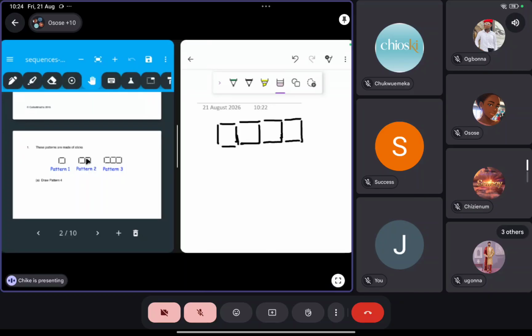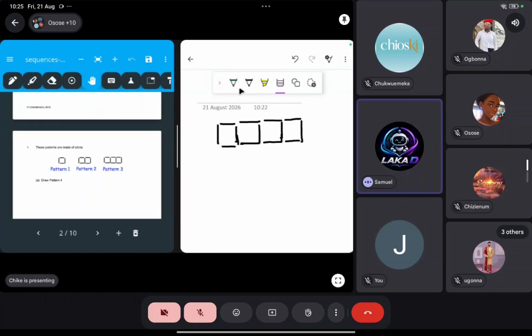Pattern 2, we are having an additional 3 sticks coming to join it. It is the same stick that is used to continue pattern 2. Then to continue pattern 3, from the stick of pattern 2, you have 3 additional sticks joining it. They gave us the pattern. Then they said we should draw pattern 4. So from the stick of pattern 3, you join an additional 3. Is that correct?